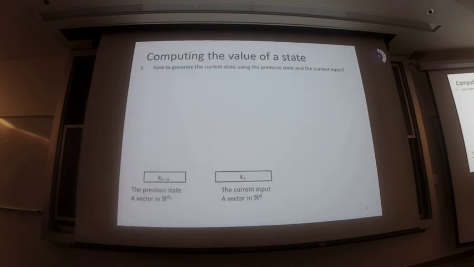Okay, so now we are going to build this RNN from bottom to top. We have these two inputs: your current input and your previous state.